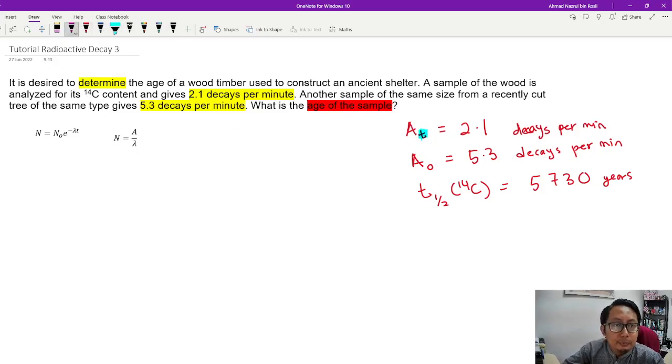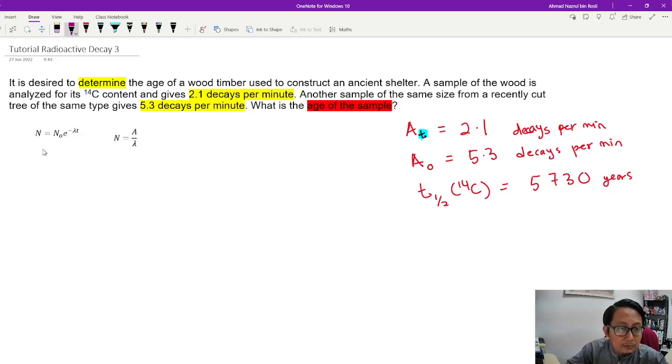So what we should do, because we have the half-life T half and the values of A, we have A t and A naught. So N equal to N naught exponential minus lambda t, with N equal to A over lambda and N naught equal to A naught over lambda. The lambda for both is the same because of the same type of material.